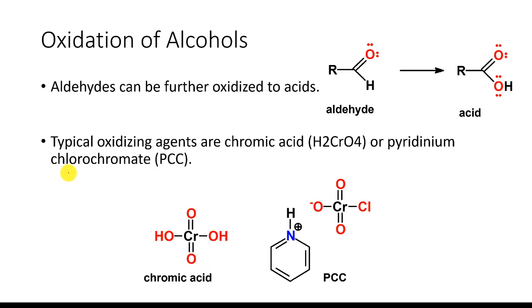For example, it can be made from chromium trioxide and H2SO4, or it can be made from potassium dichromate and H2SO4. And it even has an alias, which is Jones reagent.